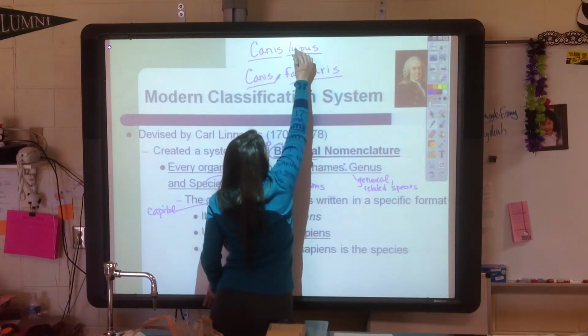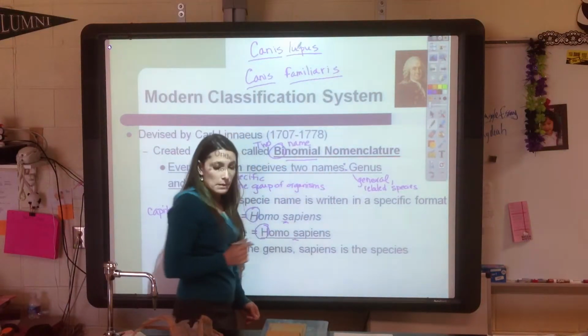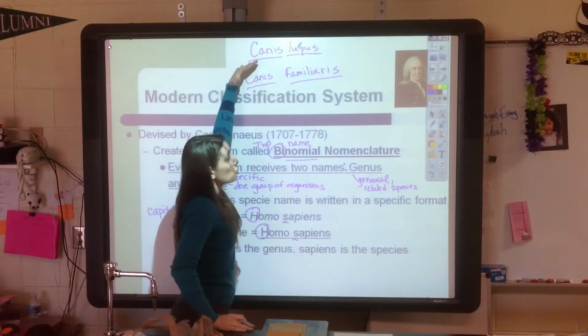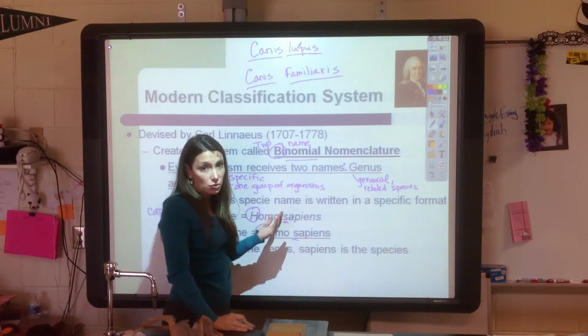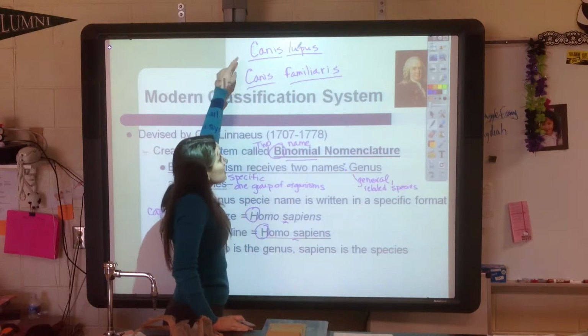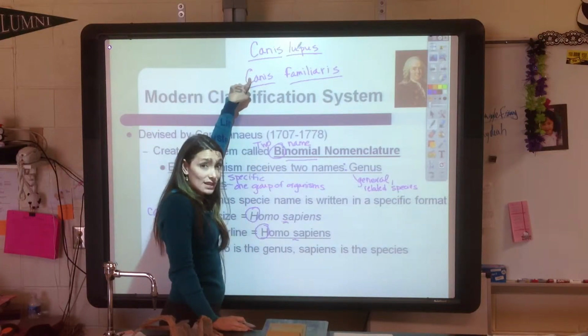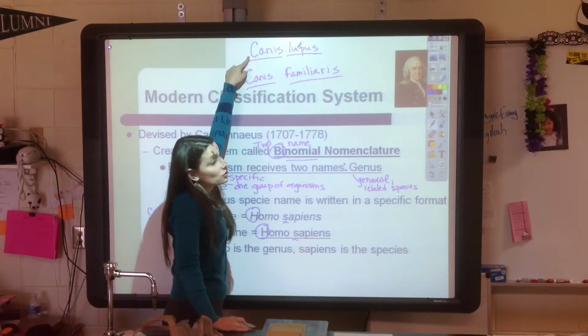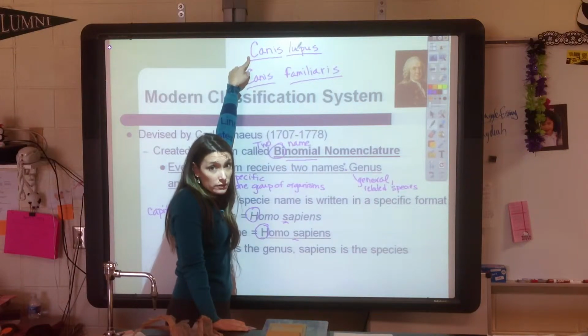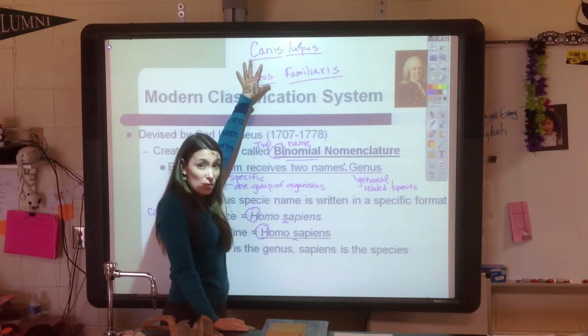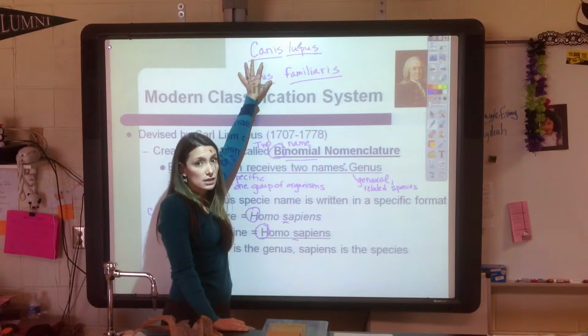They are not the same species, but they are the same genus. They are related to each other. And so this is actually the scientific name for dogs, and this is actually the scientific name for wolves. And so we can see that they were named because they share things in common.